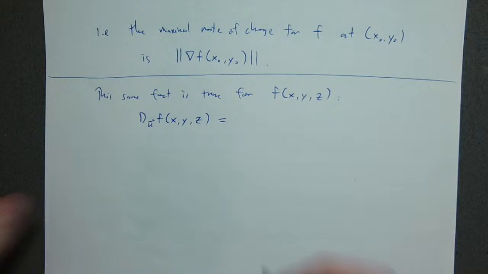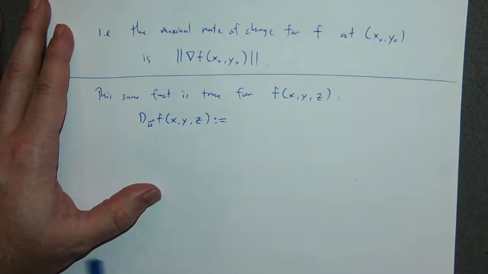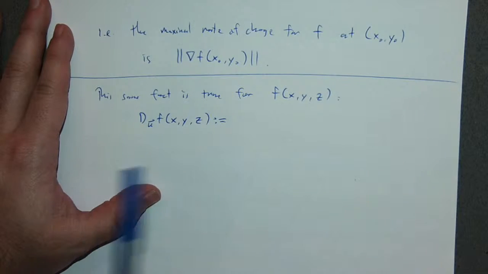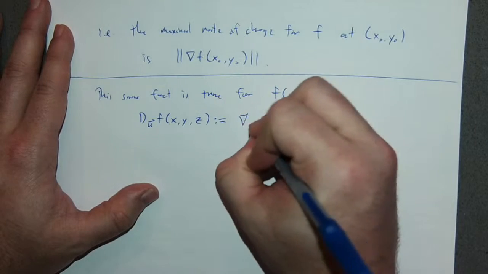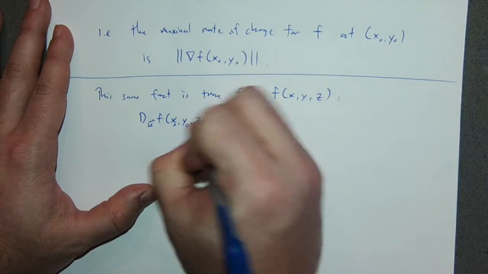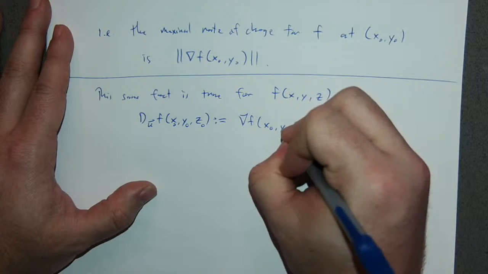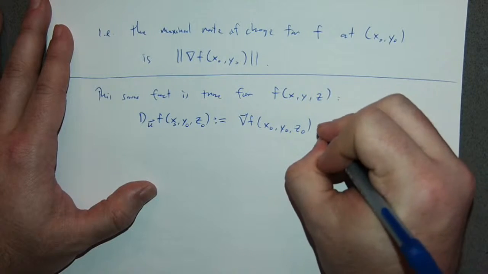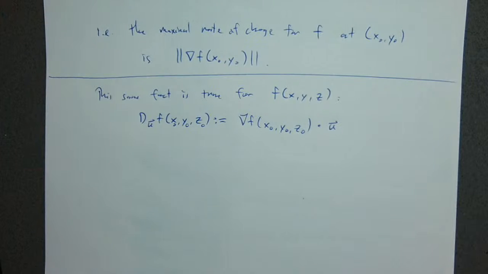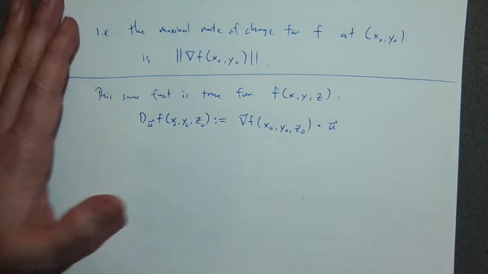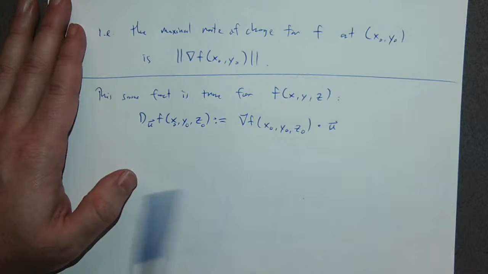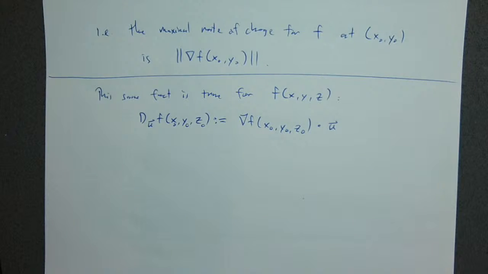So the directional derivative in the direction of a vector u, now u has three components, but that's fine, is the gradient of f. To indicate I'm doing it at a specific point, I would have the gradient of f dotted with u, where u is some unit vector in 3 space instead. Okay, and the same facts are going to be true. So the direction of maximal increase for a function of 3 variables is the direction of the gradient, and that rate of maximal increase is the length of the gradient.